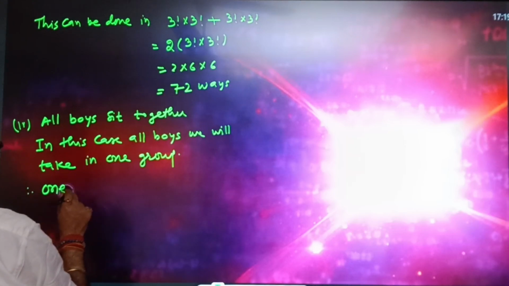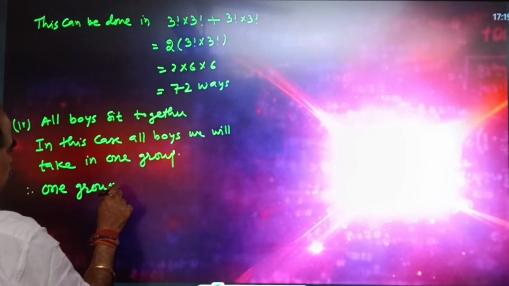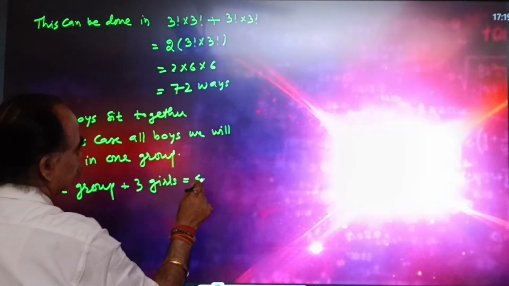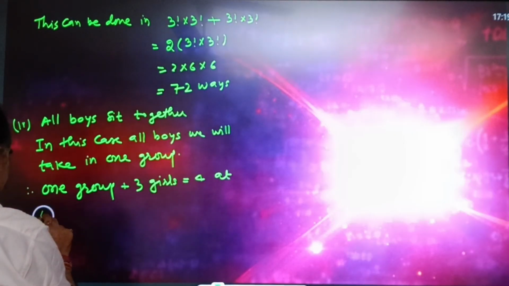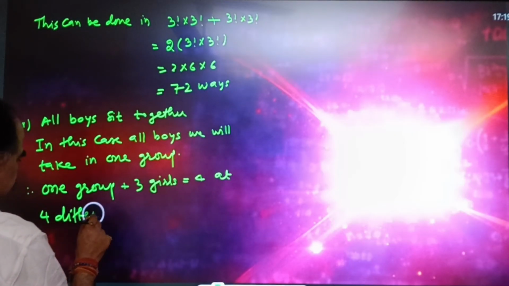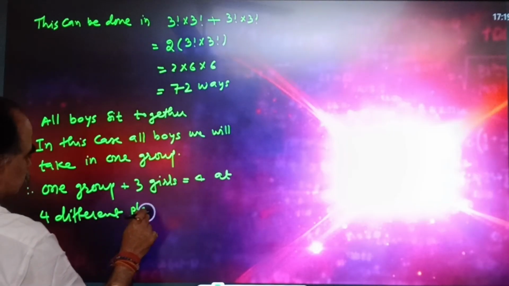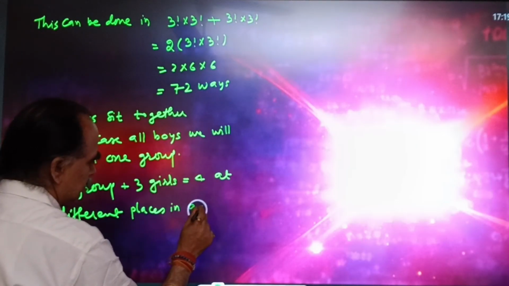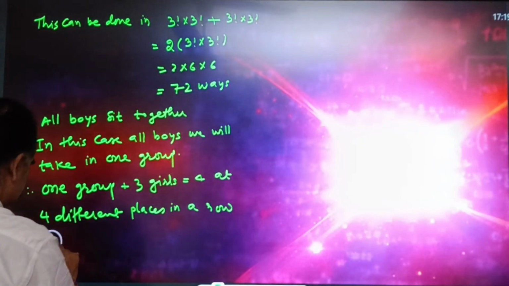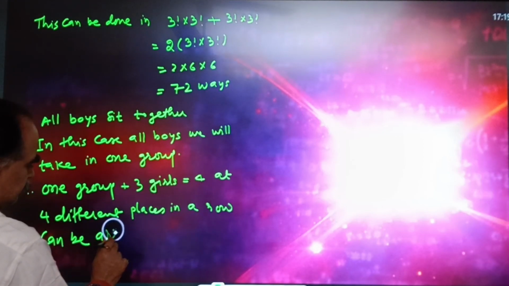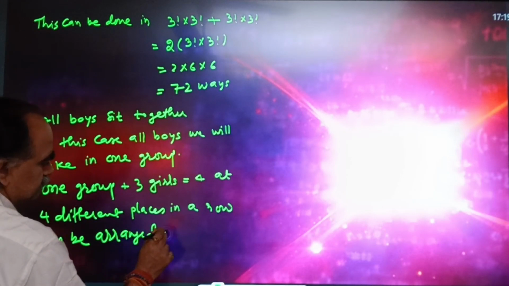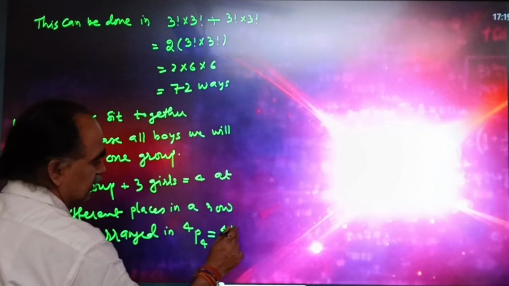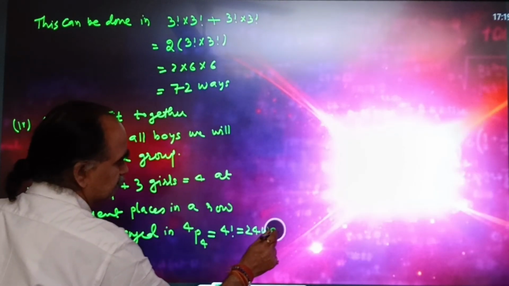Therefore, one group plus 3 girls is equal to 4 at 4 different places in a row can be arranged in 4P4, 4 factorial, 24 ways.